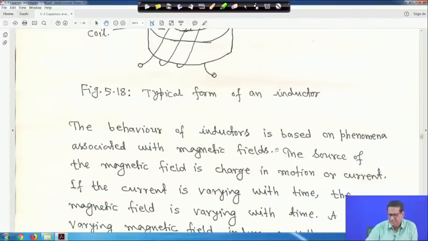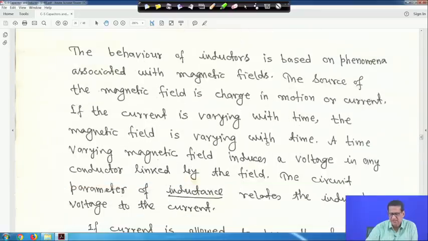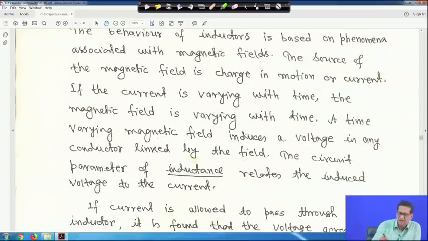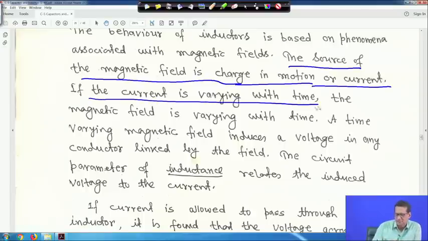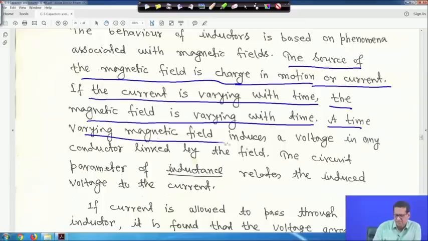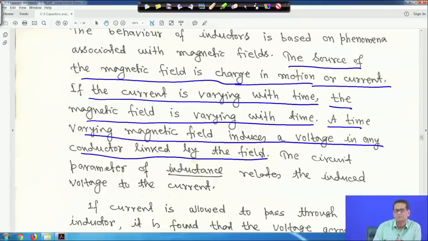The behavior of an inductor is based on phenomena associated with magnetic fields. The source of the magnetic field is charge in motion, that is current, i is equal to dq by dt. If the current is varying with time, then the magnetic field is varying with time, right. A time varying magnetic field induces a voltage in any conductor linked by the field, this you know.